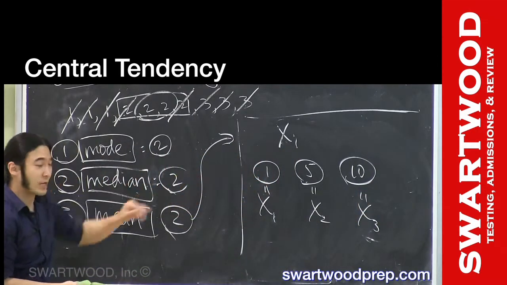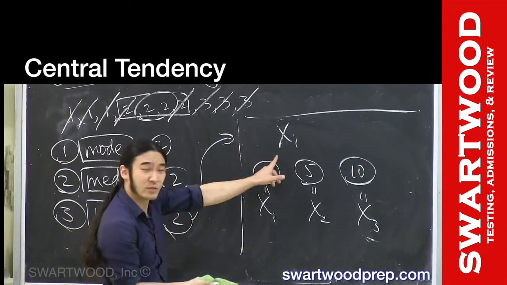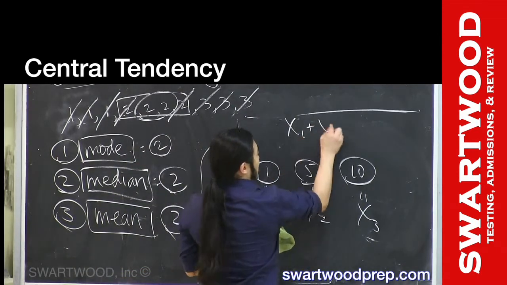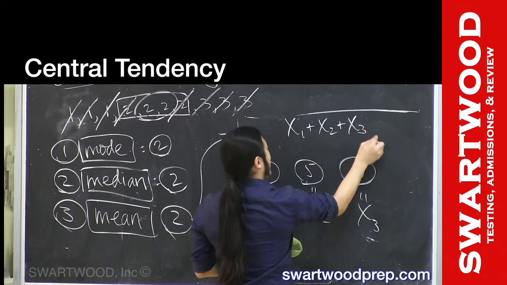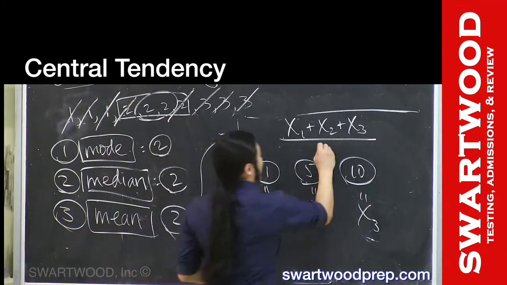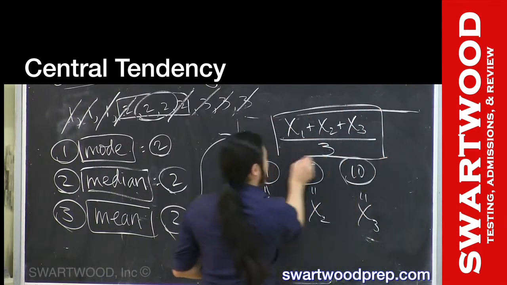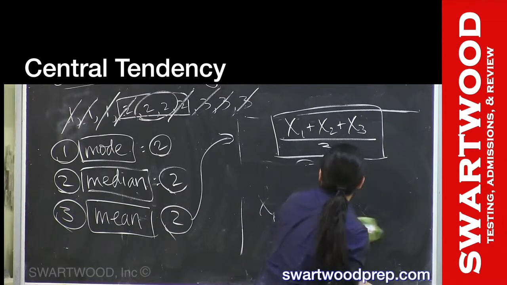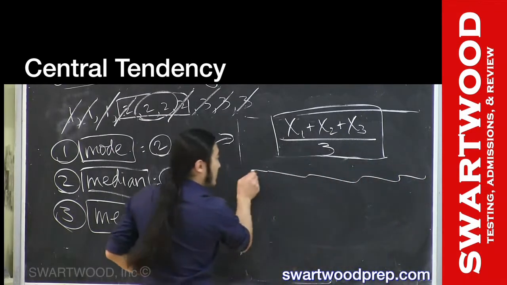Everybody okay with this? So what would be the general formula? Well, you know what to do. You add them up, so it would literally be x1 plus x2 plus x3, the 3 scores. And then what would you do after that? You would divide by the number. Is everybody okay with this? No big deal.